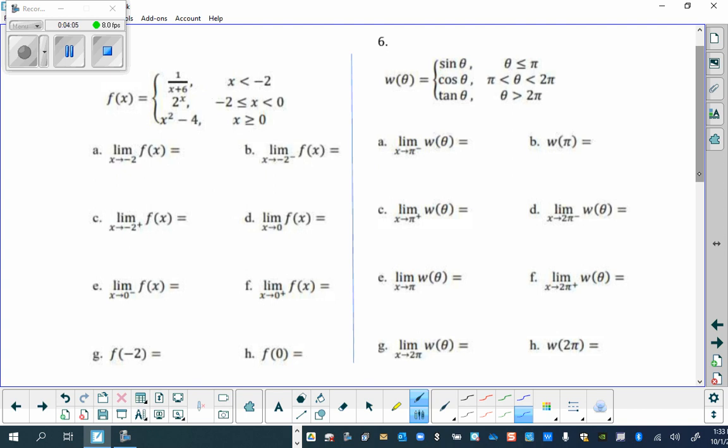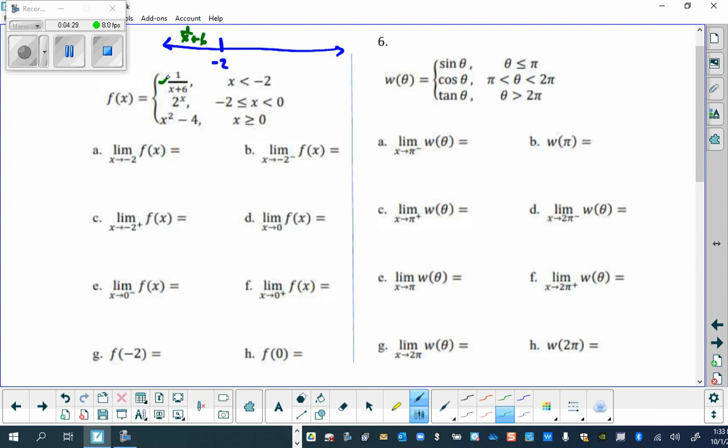D. Okay. So for 5D, when we look at this, our piecewise function divides my values of x. So when x is smaller than -2, I'm going to go ahead and use the function of 1 over x plus 6. That's this one here.